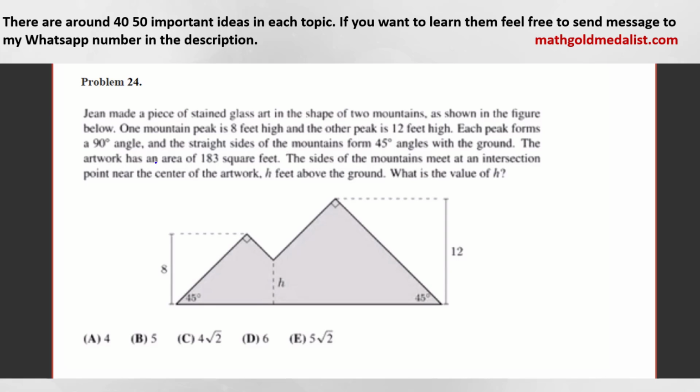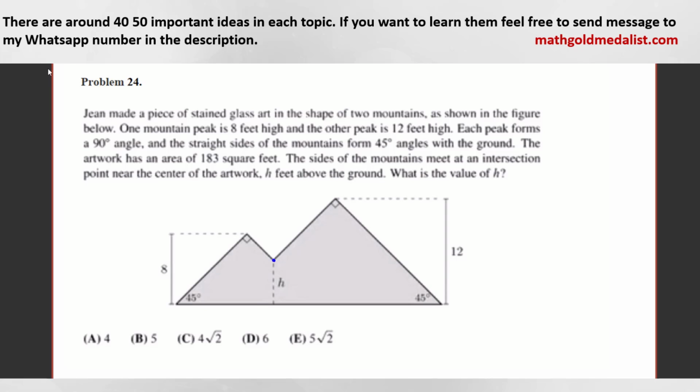The artwork has an area of 183 square feet. The sides of the mountains meet at an intersection point near the center of the artwork, h feet above the ground. What is the value of h?